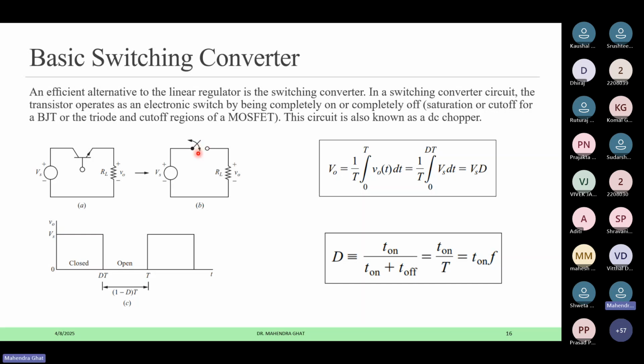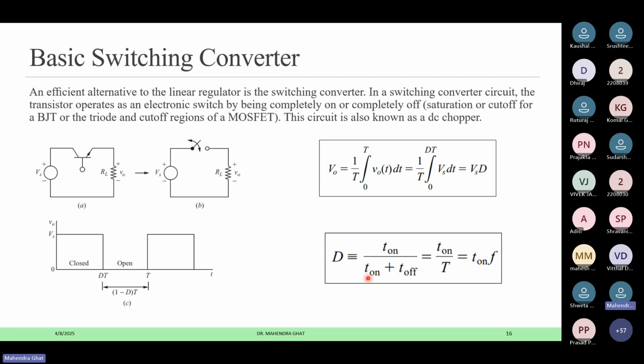So D is equal to our on time divided by the complete time.